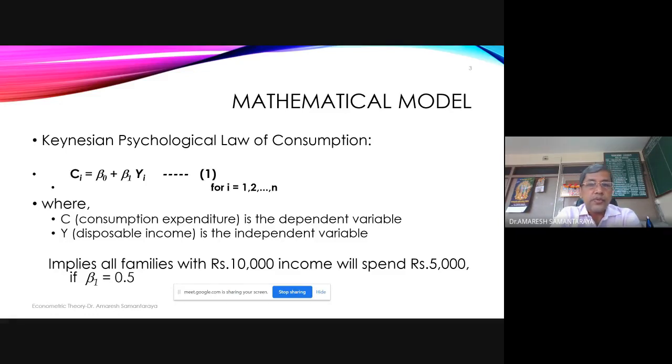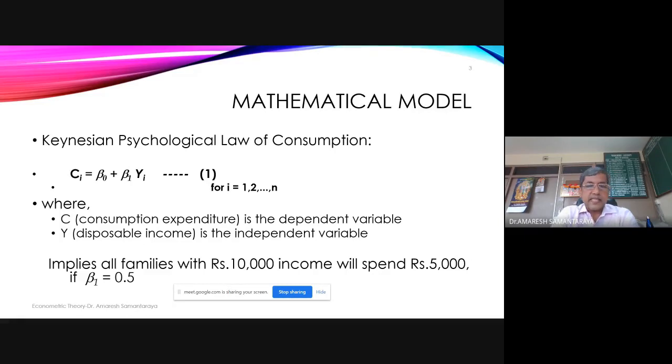Okay, so we are already familiar with many models, like the market model. In the market model, you have a demand equation and a supply equation, and from the equilibrium of demand and supply, you derive the equilibrium price and equilibrium quantity. Another model you are very familiar with, which we will repeatedly use in our econometrics discussion, is the Keynesian psychological law of consumption.